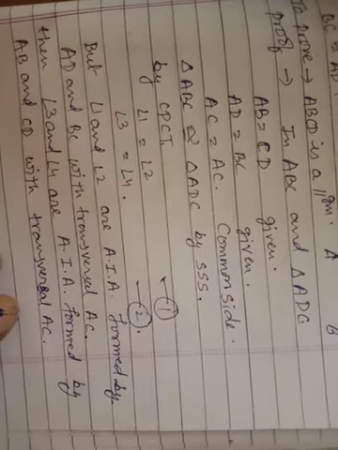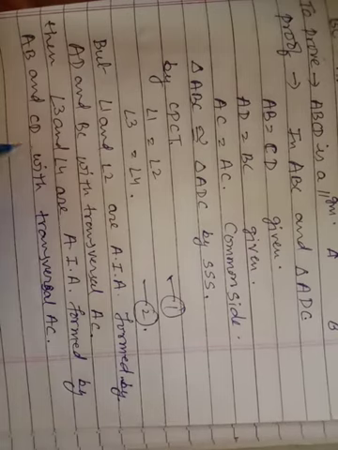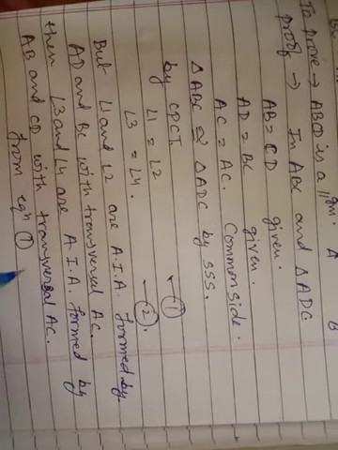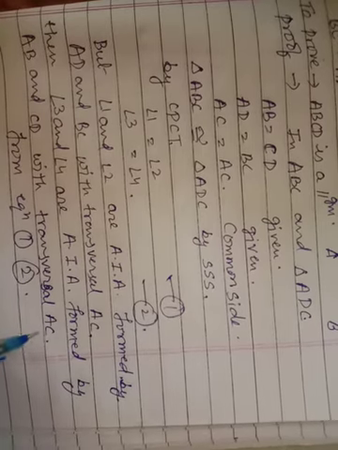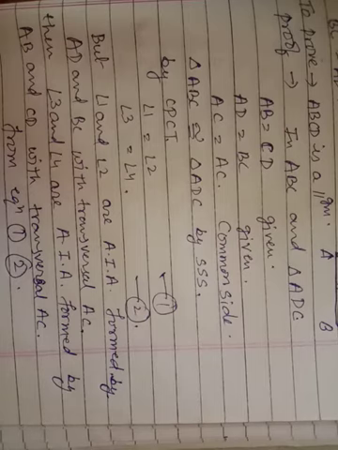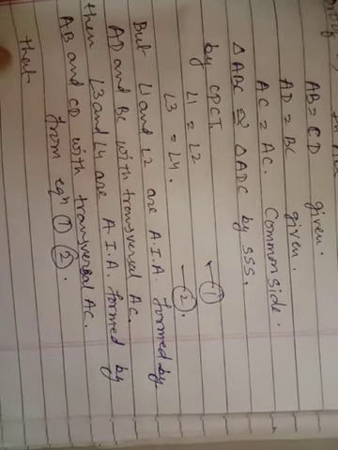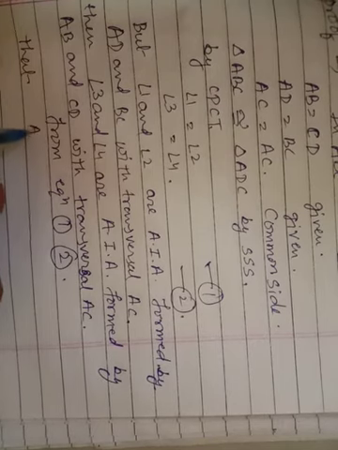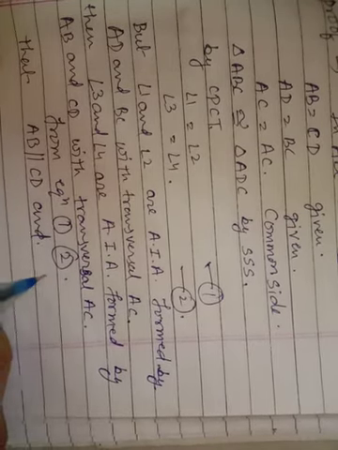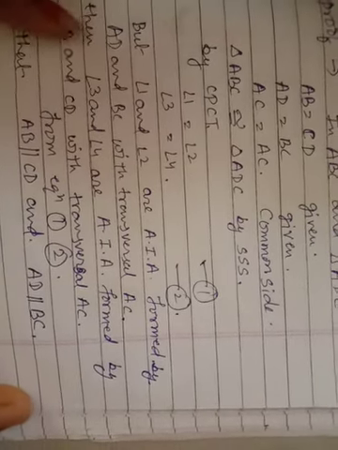From equation 1 and 2 we can say that AB is parallel to CD and AD is parallel to BC.